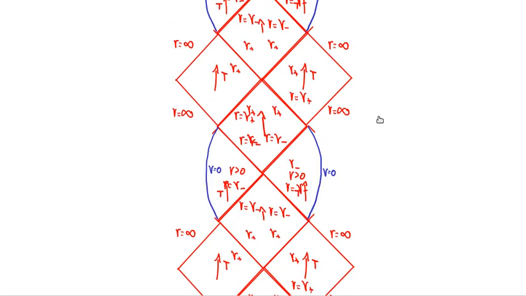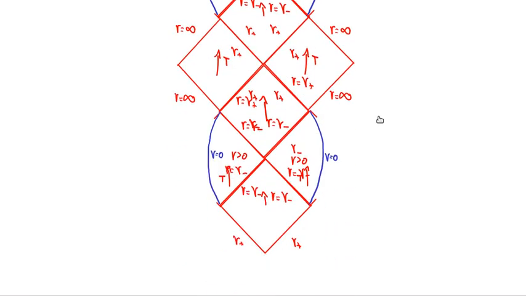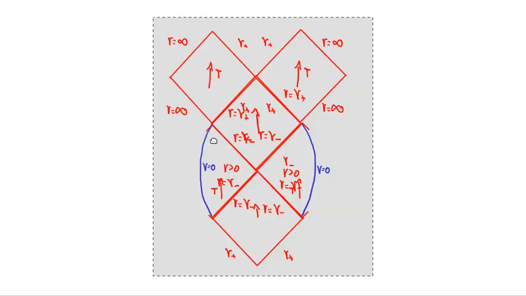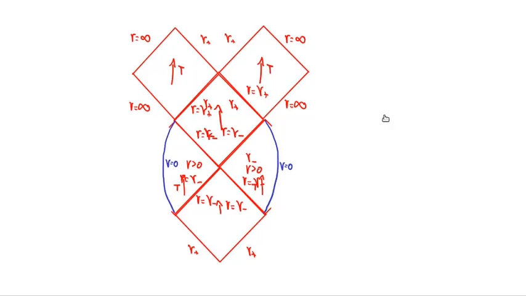Well, actually, there are two versions. This is the infinite version, but we can also get a finite version if we take the basic building block and do an identification of this part with this part, okay?